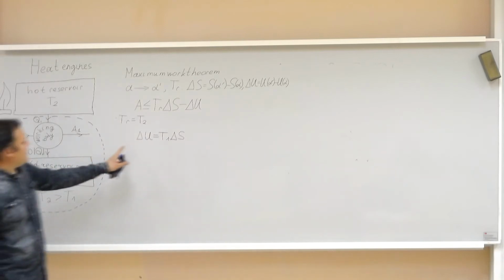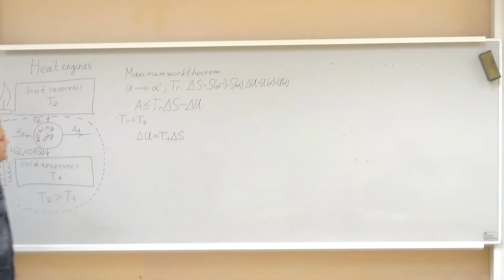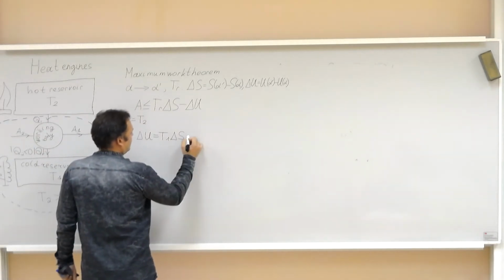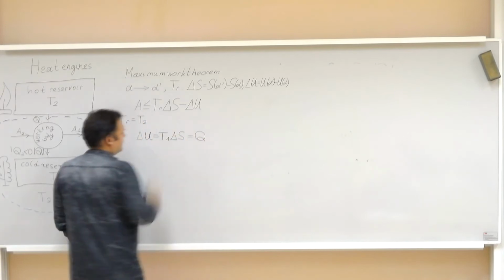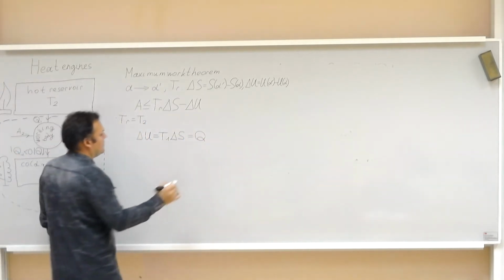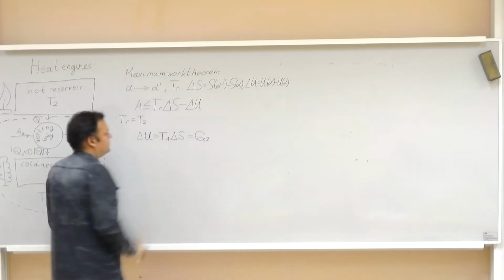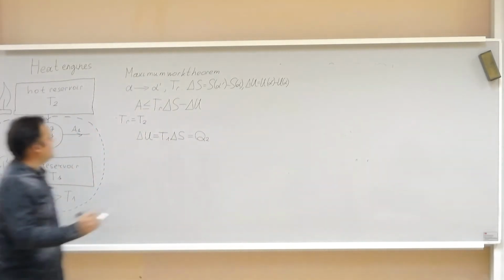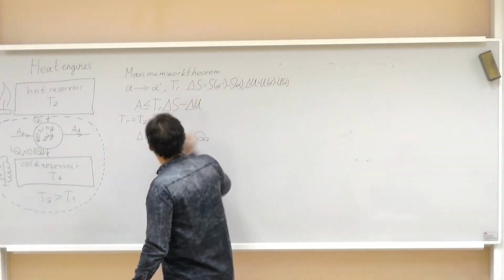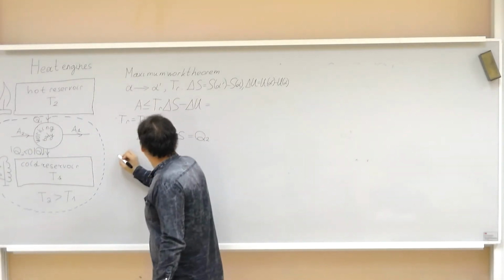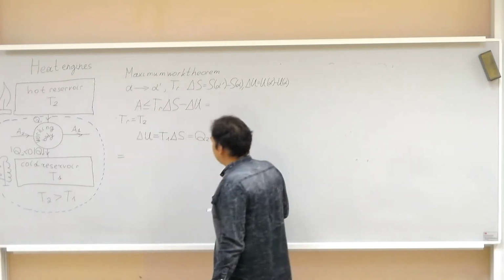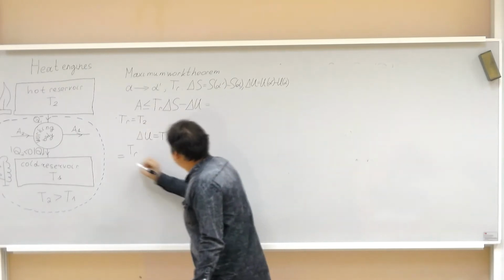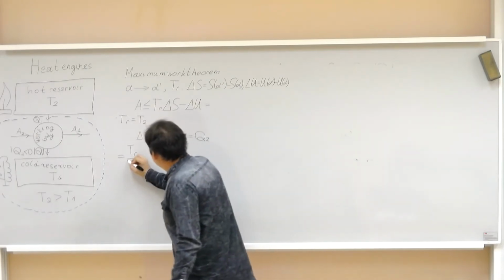Here is Q2. From here, we can modify the right-hand side of the inequality as follows: T_R divided by T1.